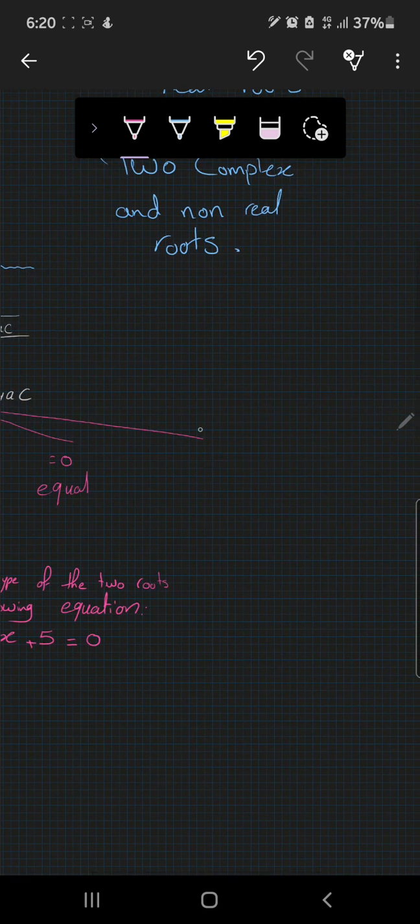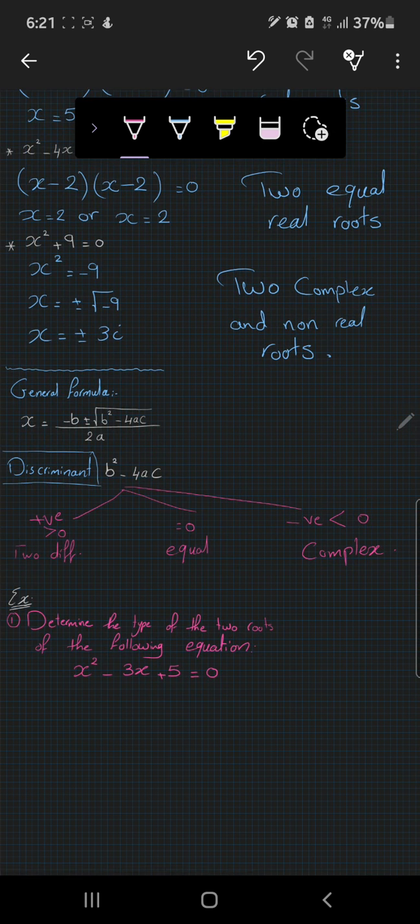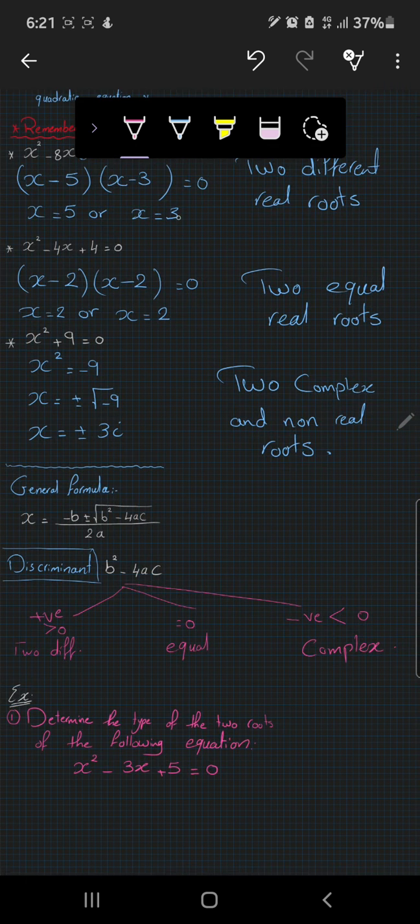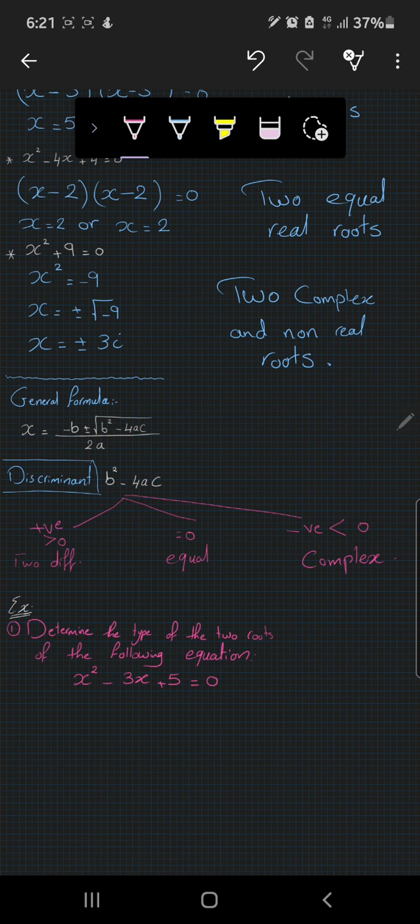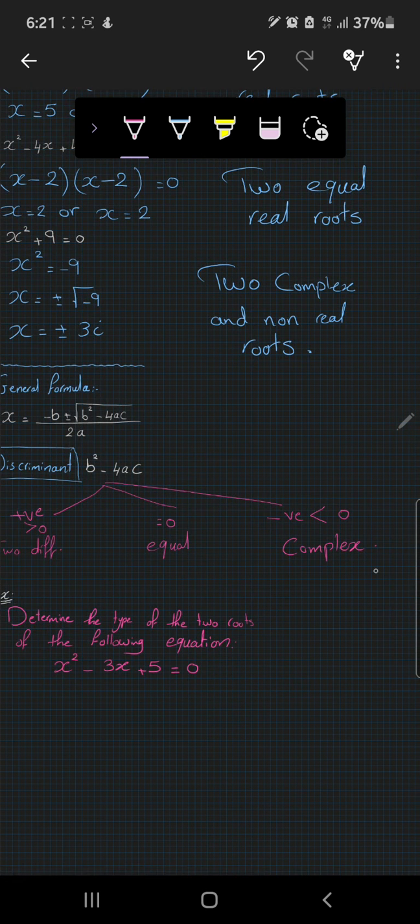If the discriminant is negative, or less than 0, we have two complex roots. Again, first get the discriminant. If it is greater than 0, like 5 and 3, the first example, we have two different real roots. If it equals 0, like x = 2 and x = 2, we have two equal roots. If it is less than 0, we have complex, non-real roots.